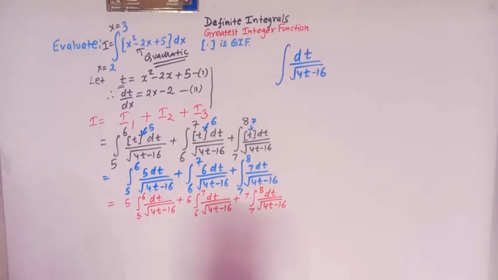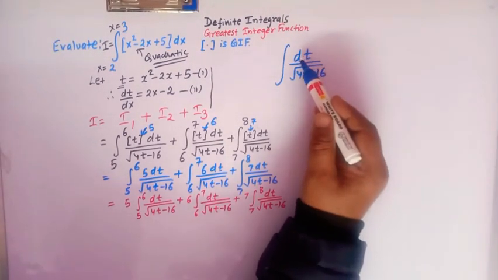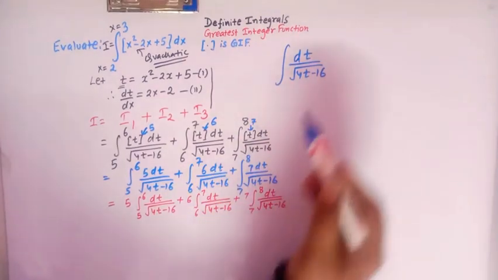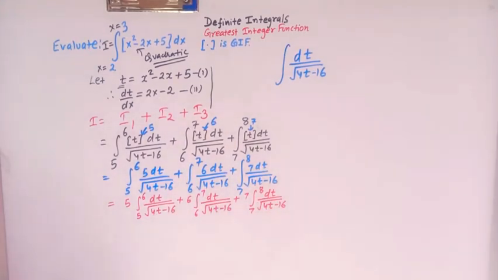Now viewers, let us see the indefinite integral of dt over square root of 4t minus 16, because this integral is involved in these three integrals, right?